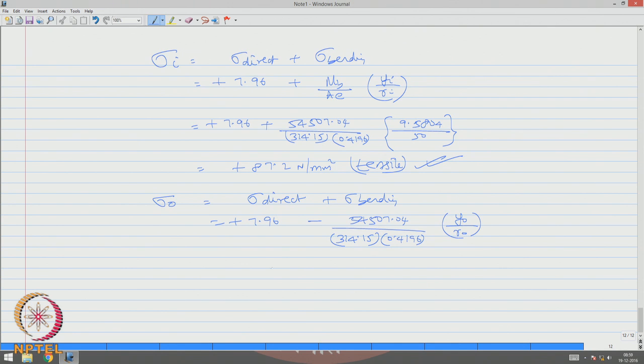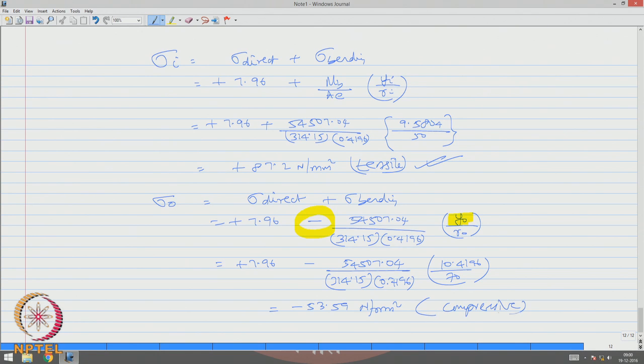Now, y outer is negative in our case, therefore, plus 7.96 minus 54507.04 by 314.15 into 0.4196 multiplied by 10.4196 by 70. So, the minus sign of y O is actually taken care of here, which gives me minus 53.59 Newton per mm square, and that is going to be compressive.